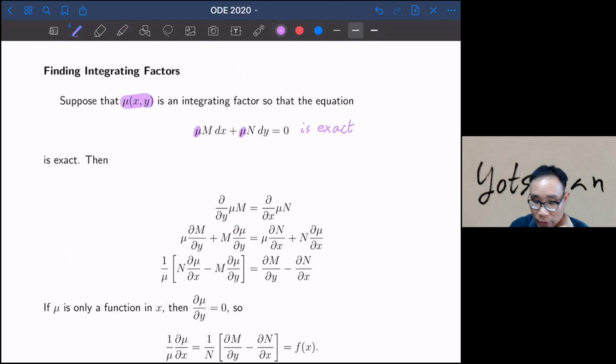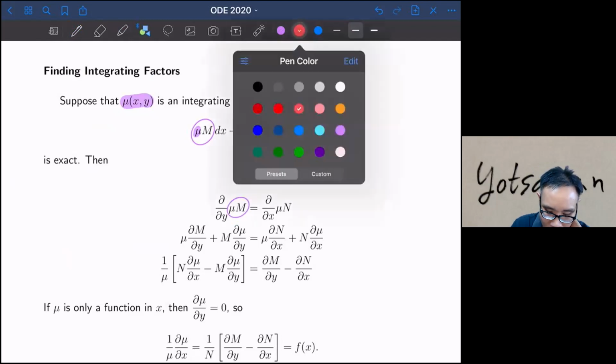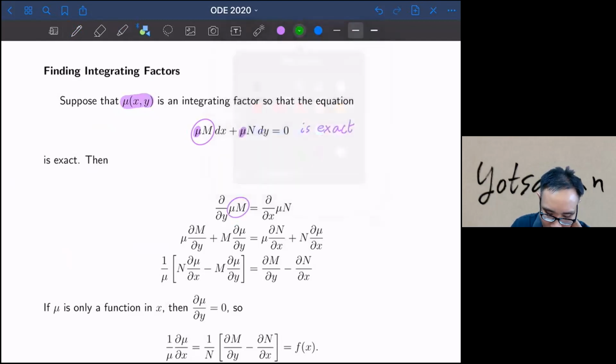So when you have this guy as an exact equation, it means that when you find the derivative of the purple guy, it's gonna turn out to be equal to the derivative of the green one.